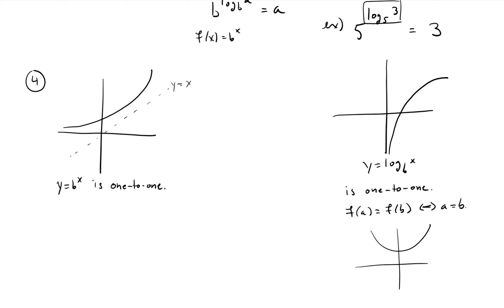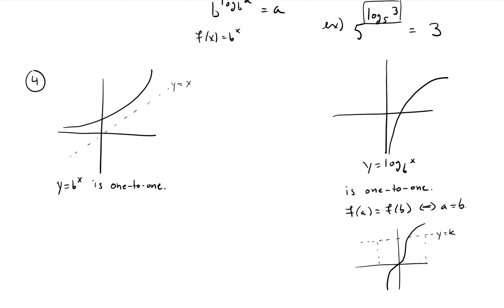This is not a function that's one-to-one because for a given y, which I illustrate with, let's say, y equals k, there are two x values that give me a y value of k. So that's not a one-to-one function. For a one-to-one function, it needs to satisfy the horizontal line test.